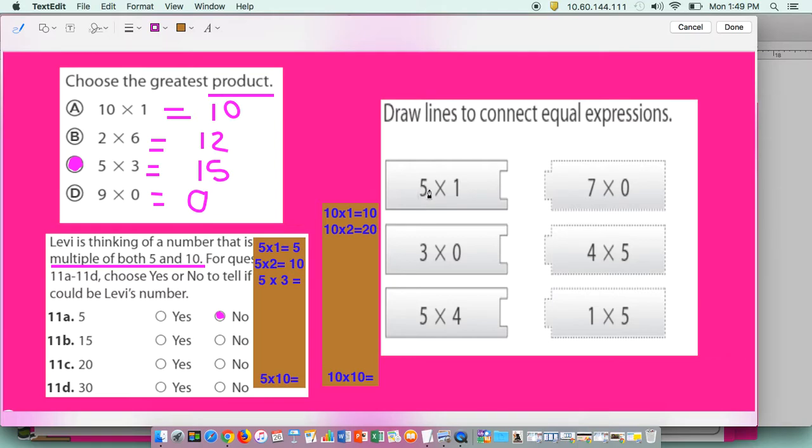For example, 5 times 1, you're going to put the answer right next to it and see which one matches up. For example, I can already see that 1 times 5 is 5, so I can match this one with this one. Remember to pause the video if I'm going too quick. You can pause it and work on it and then come back to the video and see if you did it correctly.